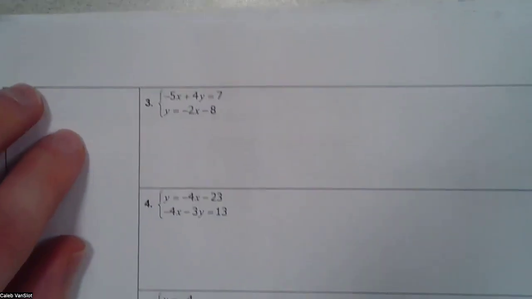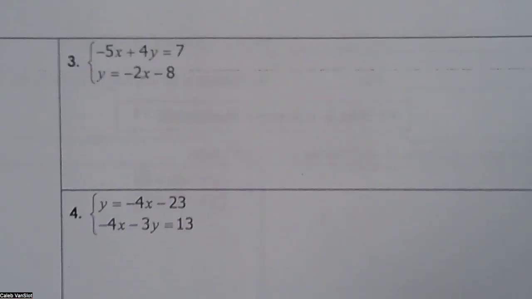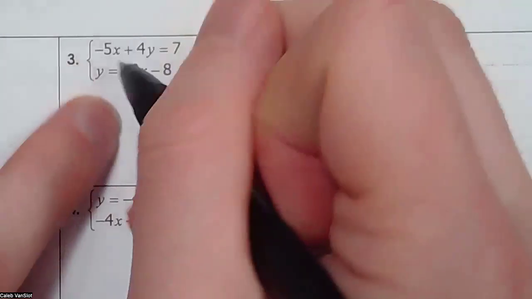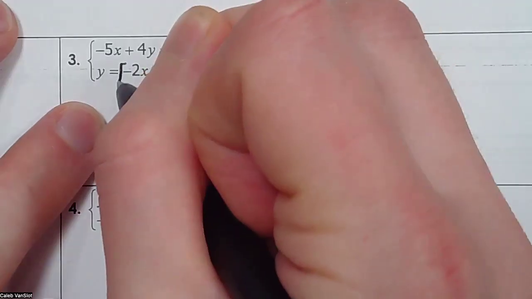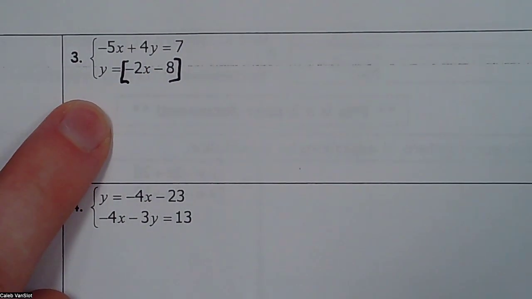Okay, number 3. Do I have at least one equation that is x equals or y equals? Yes, right? Both of them don't have to be x equals or y equals, okay? For substitution, at least. So I know that y equals -2x minus 8, okay? Where am I plugging that in?